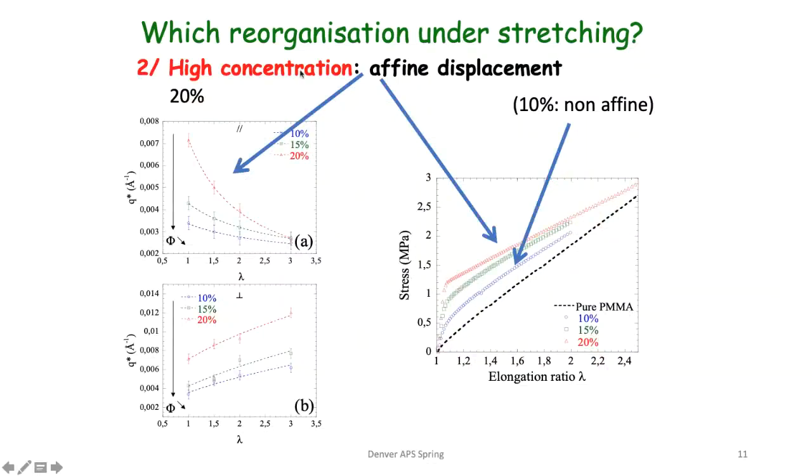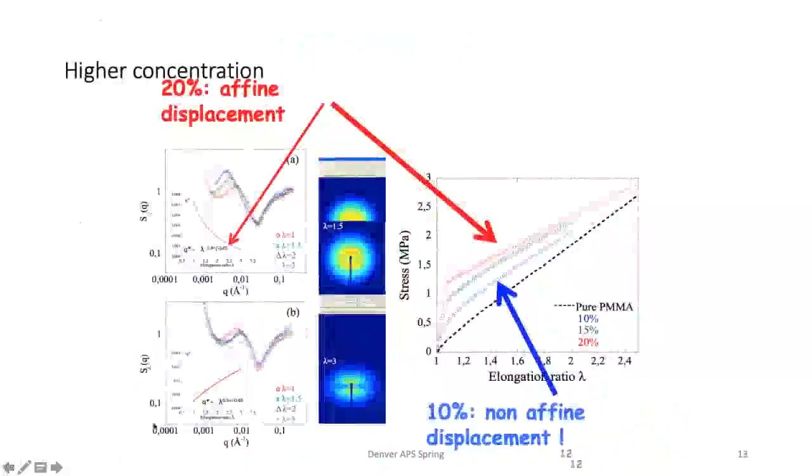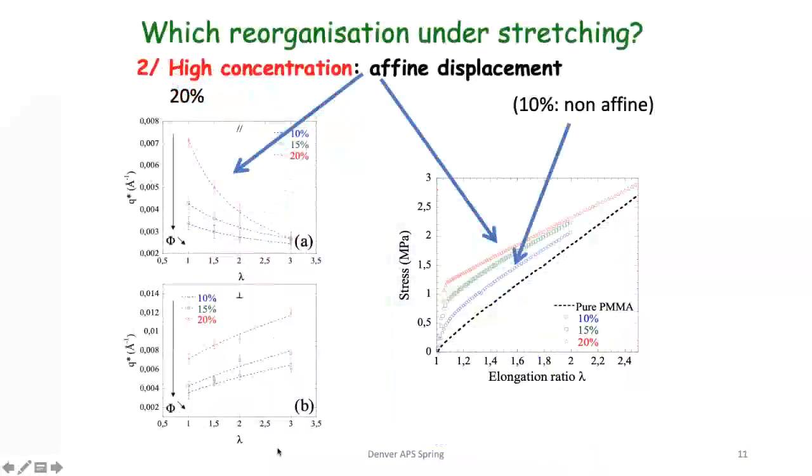Meanwhile, in the high concentration case, you can see that the curve for the stress versus the elongation ratio is made of two parts, a strong increase, and then a kind of overshoot, and you return to a much more moderate level. Sorry about that. So finally, I want to discuss this effect a little more.